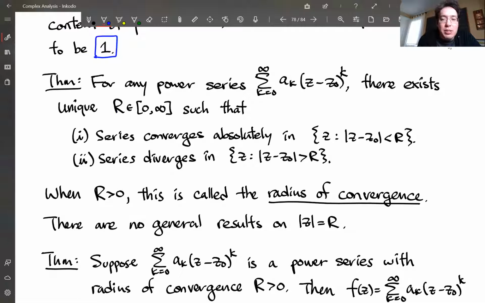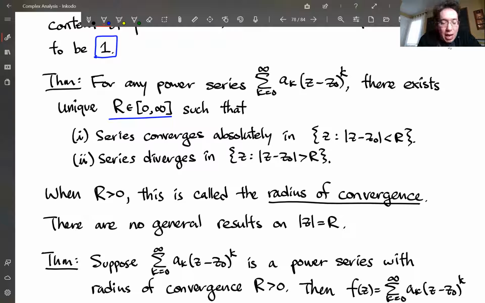Okay, so let's write down a theorem. For any power series sum of a_k times (z minus z naught) to the kth power, there exists some radius r so that the series converges absolutely inside this radius, and the series diverges outside of this radius.